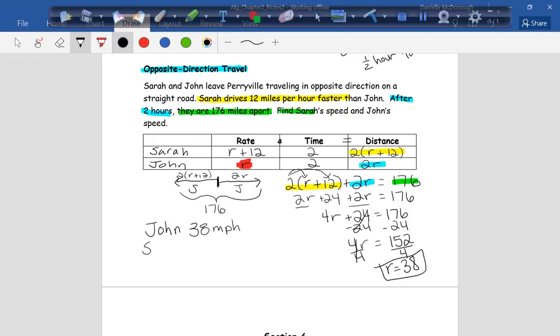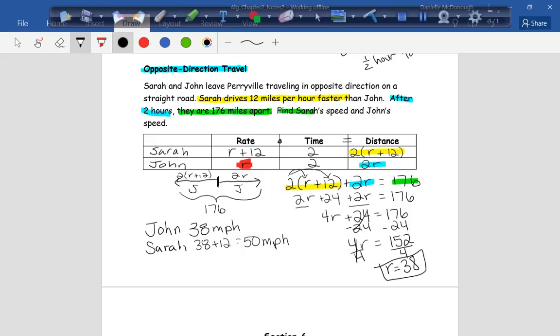Okay, so Sarah, how about I spell her name right? No, my eraser's not working. Well, you guys get the point here. So Sarah is R plus 12. So it's 38 plus 12 to get 50 miles per hour.